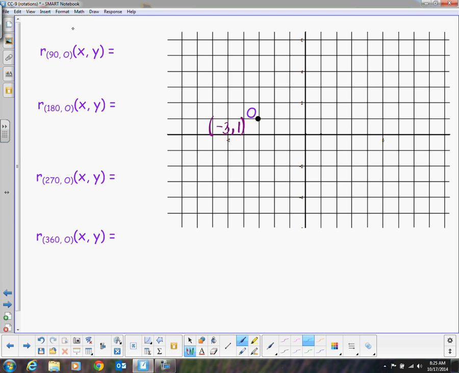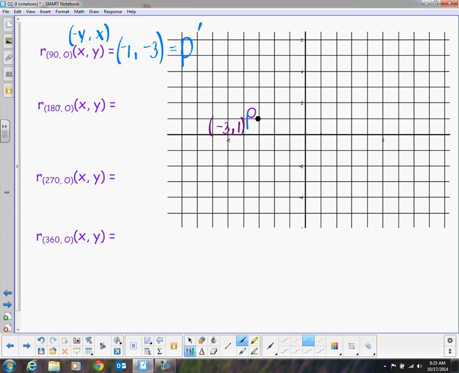Switch the Y and the X, and who goes negative? The Y. So I'm going to switch my Y and my X, and the 1 turns opposite. I'm going to call that P, because I don't want you to confuse that with the origin. That is P prime.